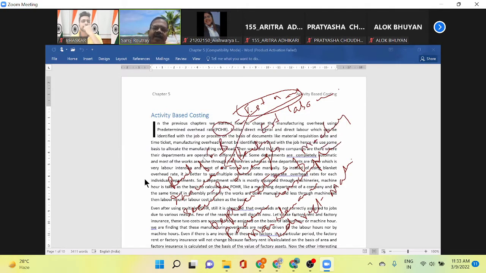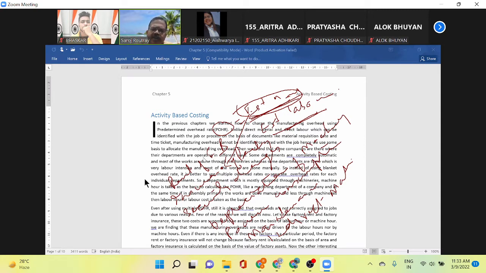All these are added to find out the estimated manufacturing overhead. And then you divide it by labor hour or machine hour. The assumption is that when labor hour increases, this manufacturing overhead also increases. So a product which is consuming more labor hour or machine hour will be allocated more manufacturing overhead. That is the basic assumption.